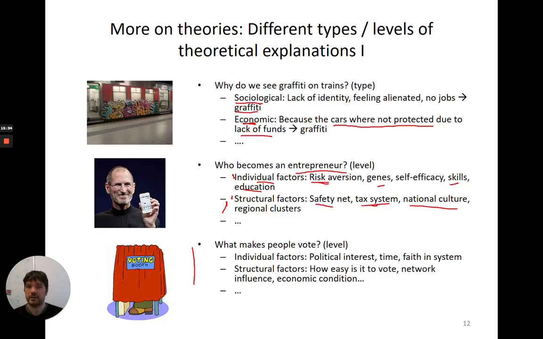This is just to highlight that we can see many different kinds of theoretical explanations, and especially in business administration and economics, we will be interested in different angles at the individual level, at the societal, structural level, and different explanations can be put in place depending on what we're going for. And again, these are of course not necessarily competing. They can be complementary. They can both explain part of reality.